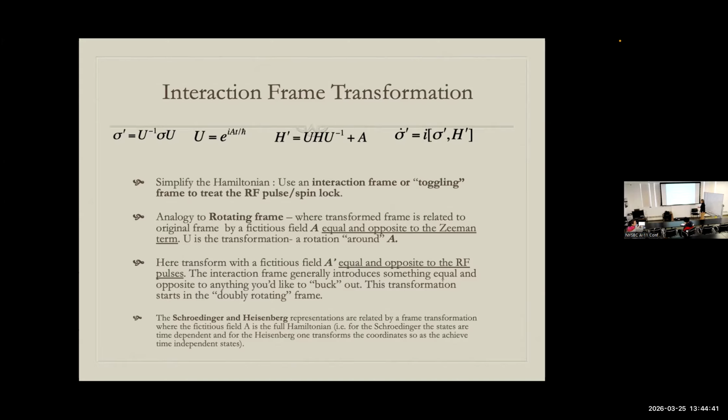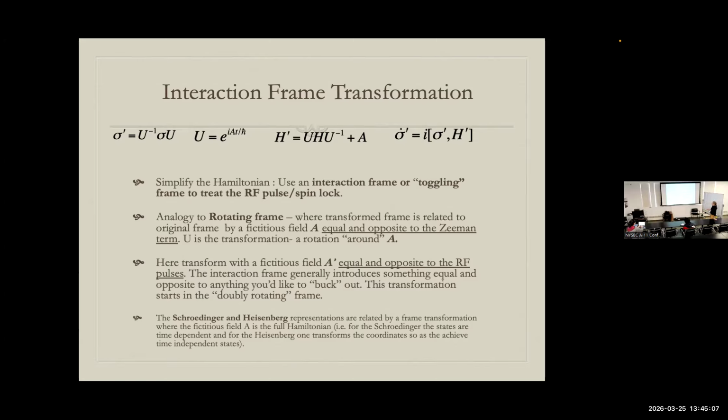In the literature, solution NMR, doubly rotating frame frequently means that first you rotate around Z, and then you rotate around omega I. Here, I'm just calling it toggling frame. That's a frame that follows the RF. Doubly means two channels in most of the solid state literature. So it's a much different usage.